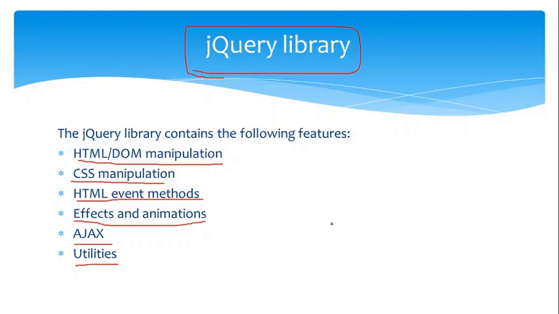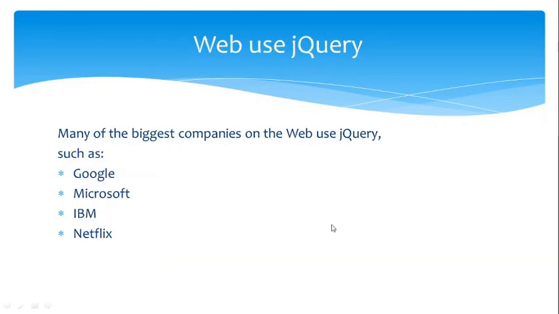Okay, now many of the biggest companies on the web use jQuery, like Google, Microsoft, IBM, and Netflix. These are big companies and they are using it. Why?